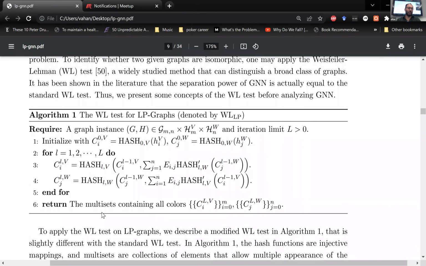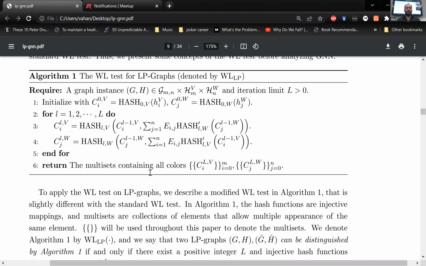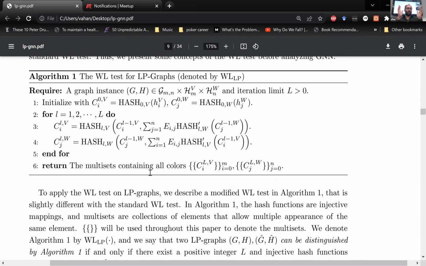So they write a sketch here of the test for the bipartite graph case. The idea is that you take your graph and you iteratively color them using a hashing function. Without going into too many details, you basically color all nodes. And then after coloring, you end up with two columns.